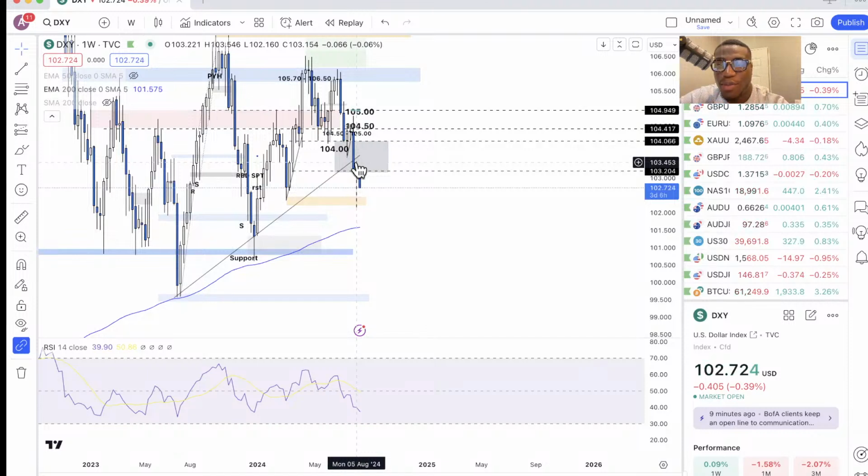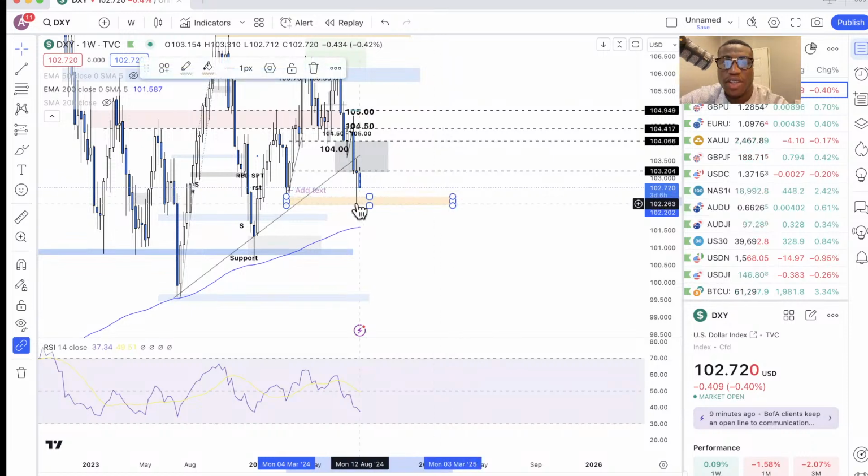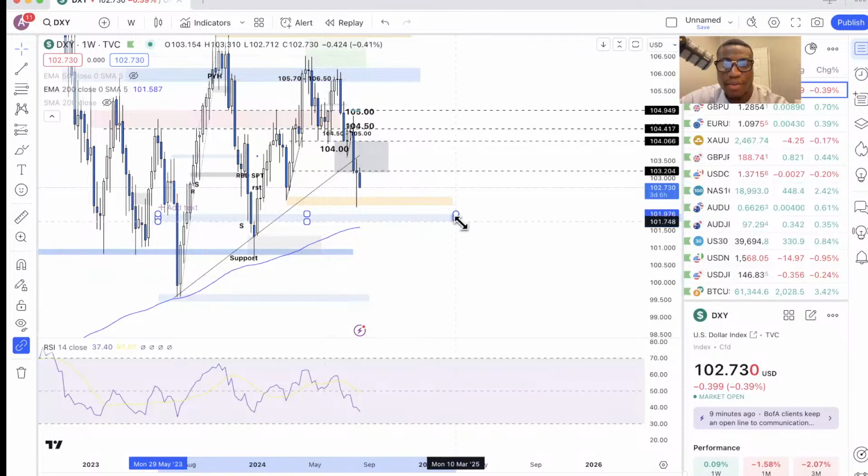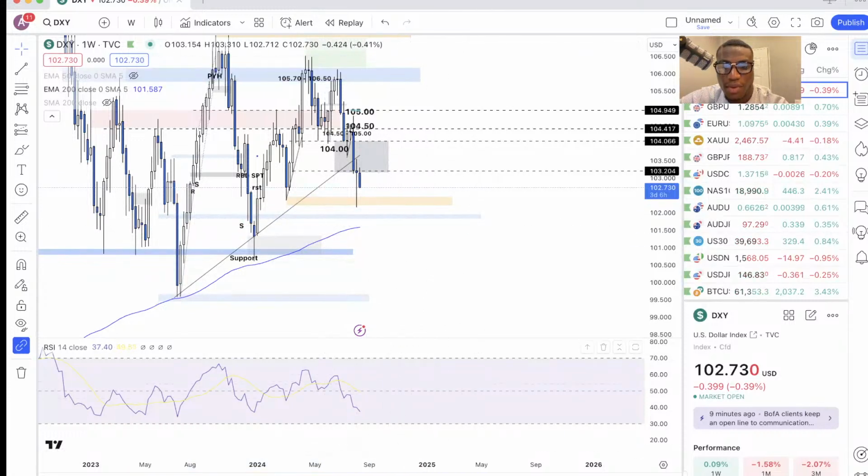Why is this trend line very important? It's important because the few times the dollar index came down to this trend line, we could not sustain any break. But now we are sustaining breaks, and I still expect the dollar index to move further to the downside, make a second retest and even try to break below this point. Potentially a retest at the 200 period moving average on the weekly time frame, probably around the 102.